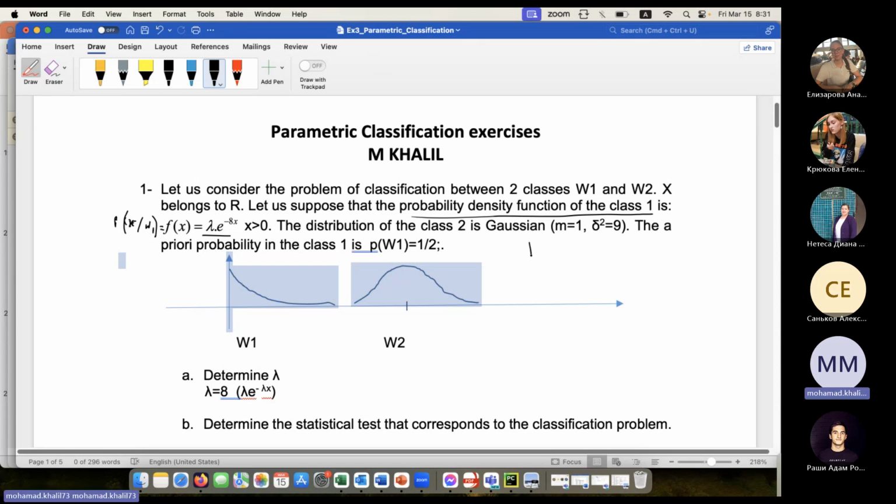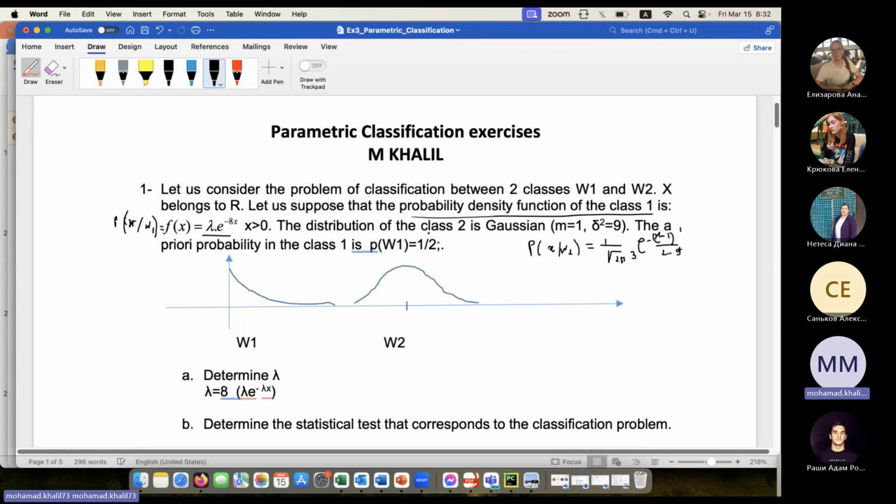It is Gaussian, that means p(x|omega 2) equals 1 over radical 2 pi sigma times exponential of minus (x minus m) squared, the mean is 1, so (x minus 1) squared, over 2 times 9. You know the equation of Gaussian?